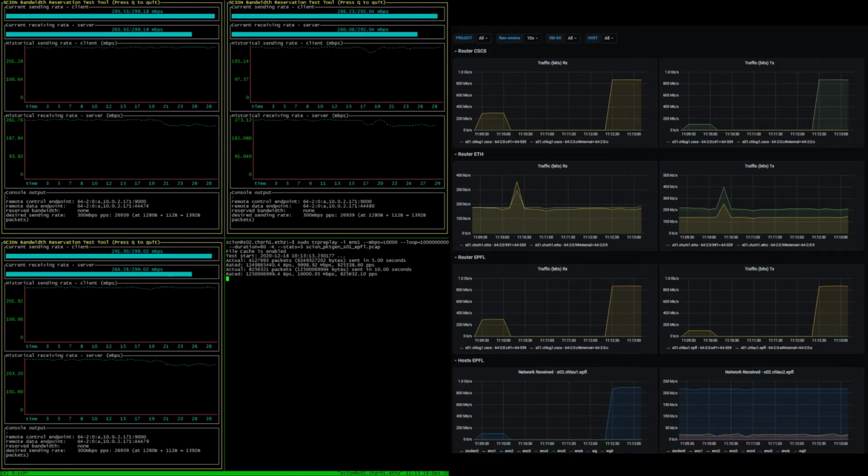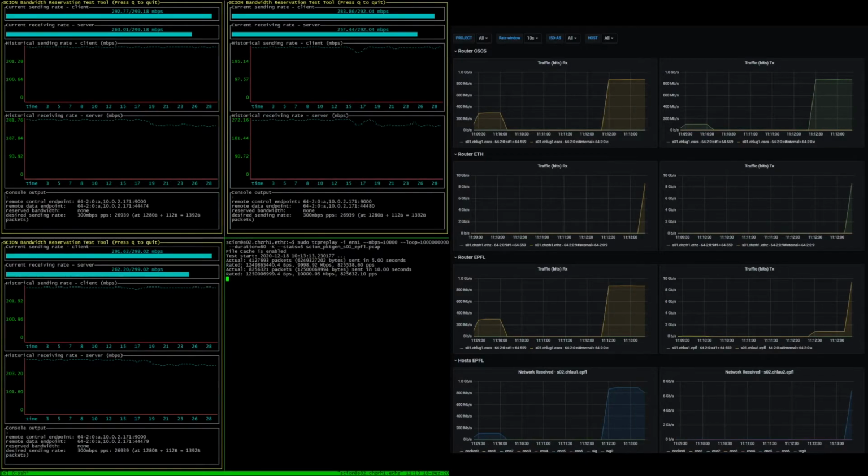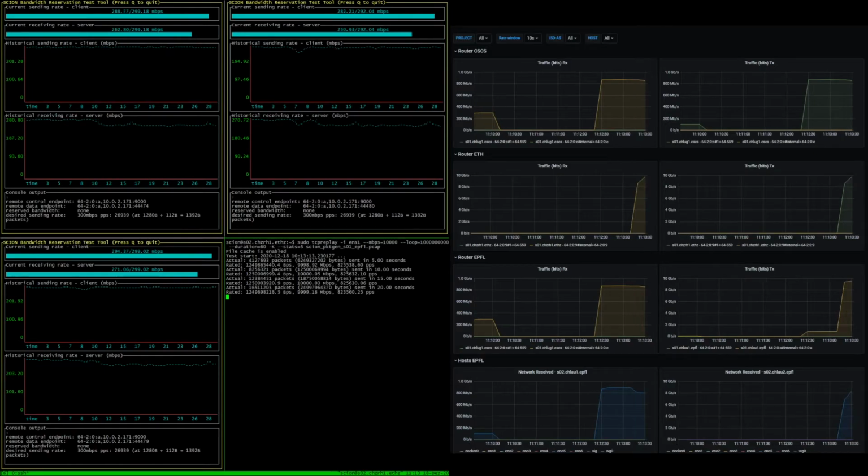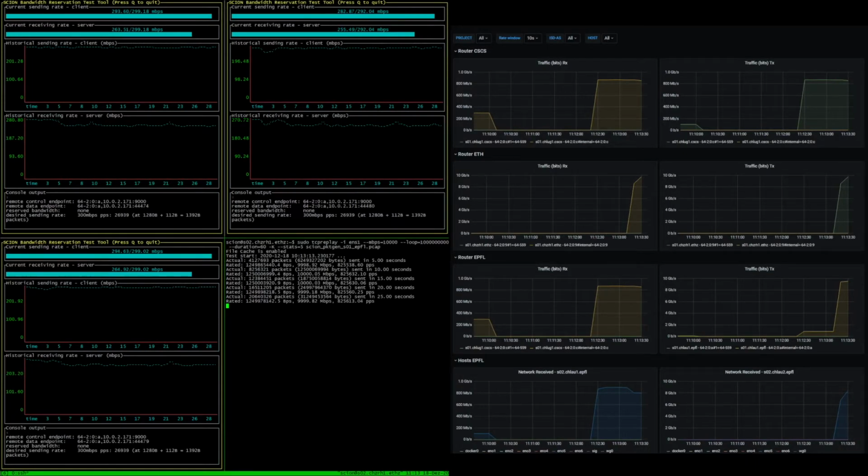We now instruct the host at ETH to send the traffic towards EPFL. Remember, we send 10 gigabits per second traffic. So now you see how the traffic shows up at the router in ETH.